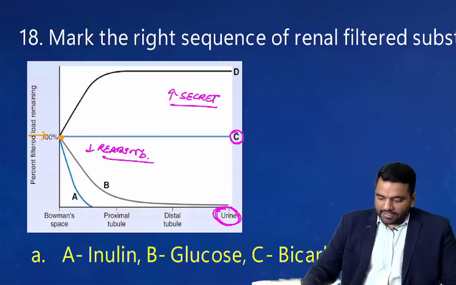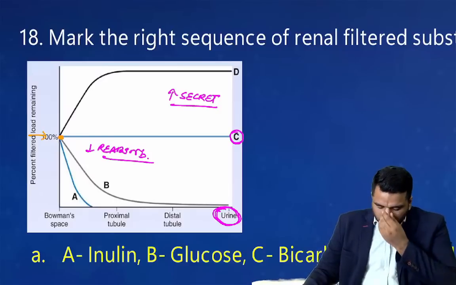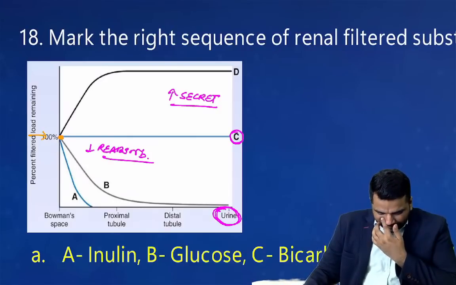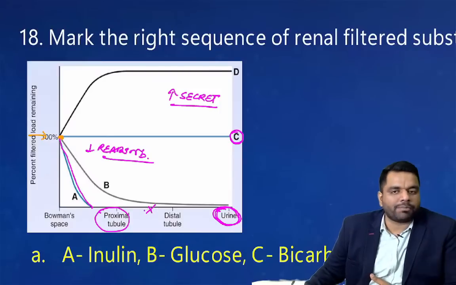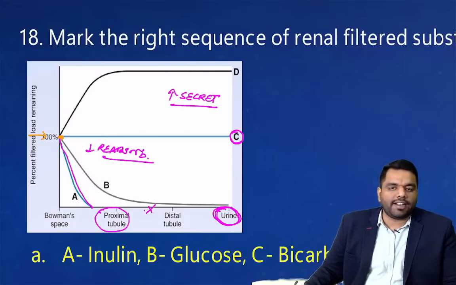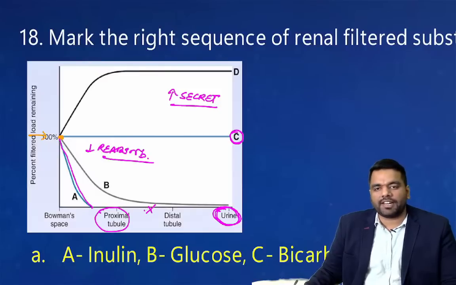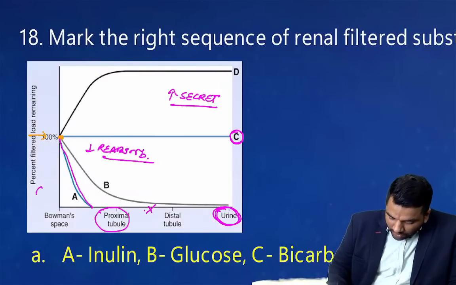So now you can easily see, according to this question, option number A is any substance which is initially filtered and present up to the PCT, but later on is absent after the PCT. Which substance is 100% reabsorbed at the PCT level? Either glucose or amino acid.